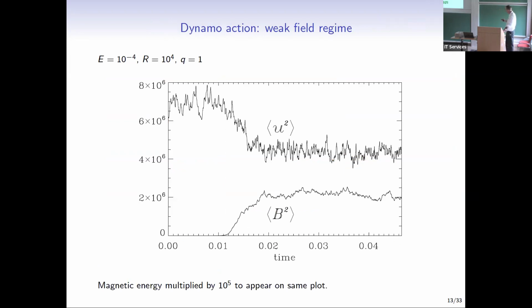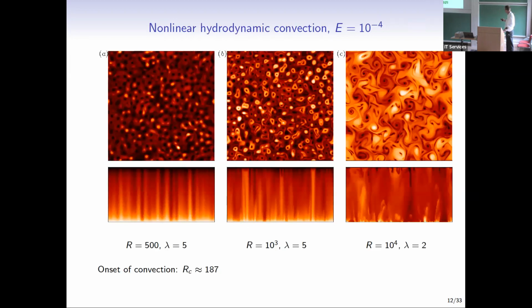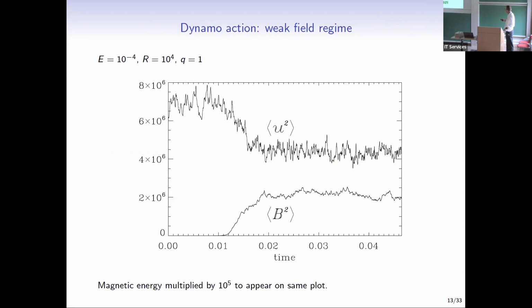So this is a dynamo driven by this flow, okay? The flow on the right. So this plot is like a generic sort of plot. As I said, this number compared to this number makes no sense. You cannot compare these numbers.